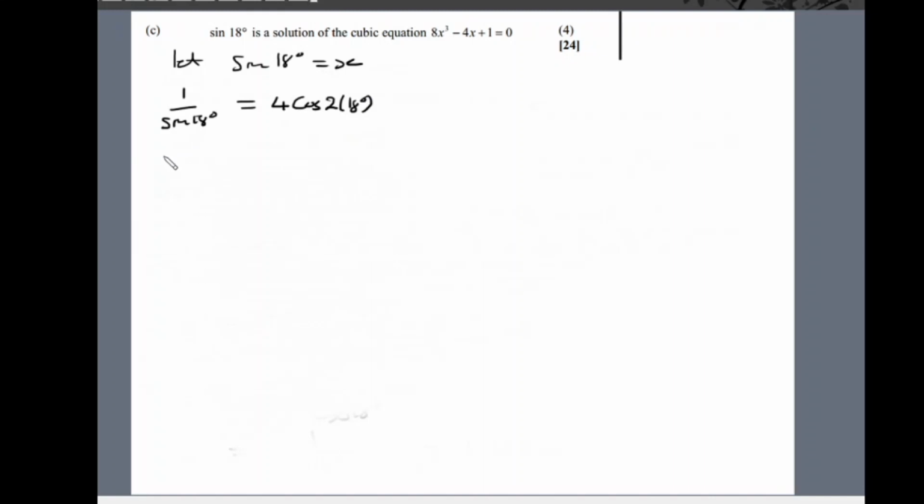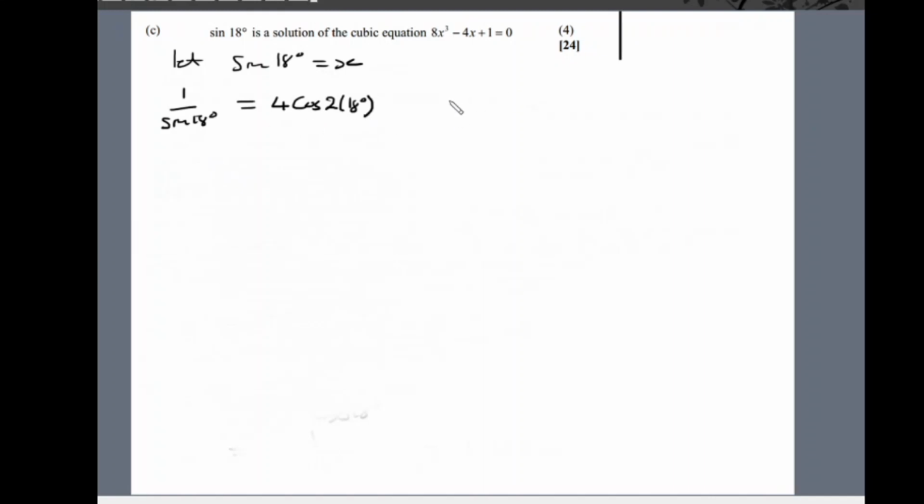So this is the same as saying, because sine 18 is x, this will be 1 over x.